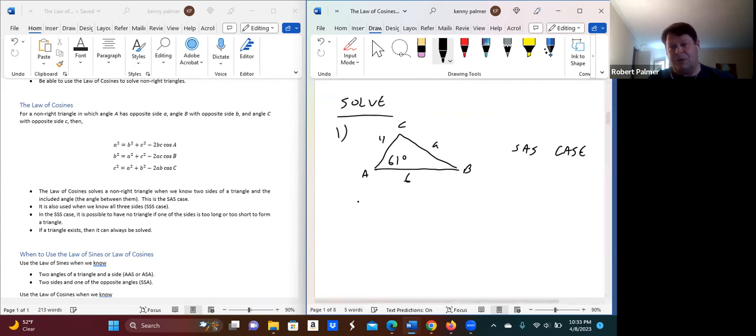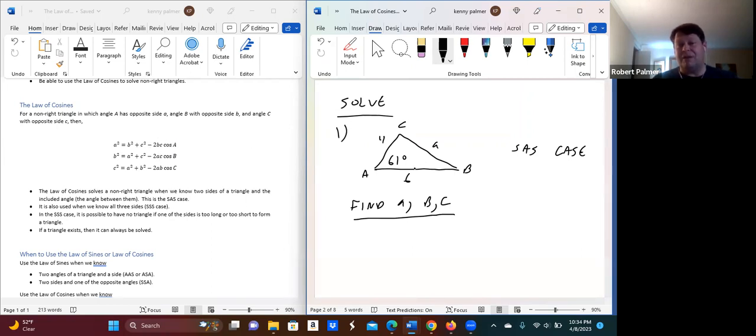Okay. So once again, we need to find those three things. We need to find side A and then angles B and C. Now, actually, what we'll have to do first, if we take a look at our formulas, our laws, is find A first.